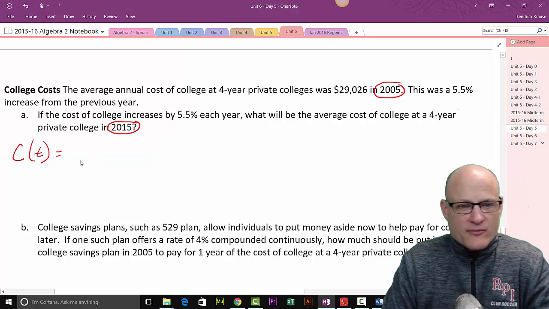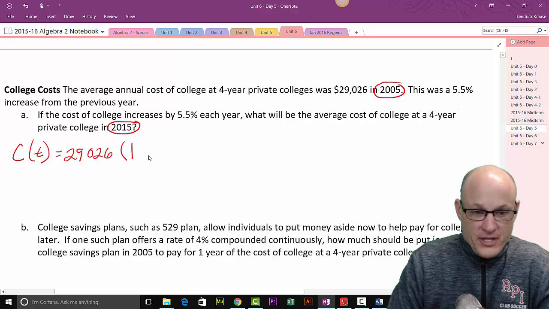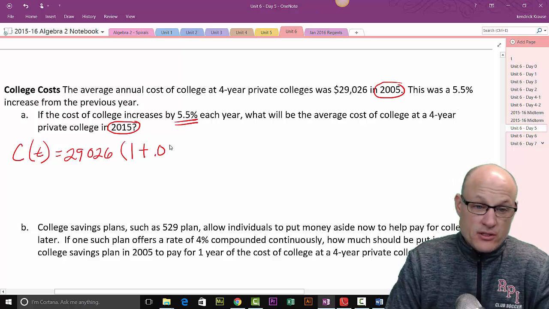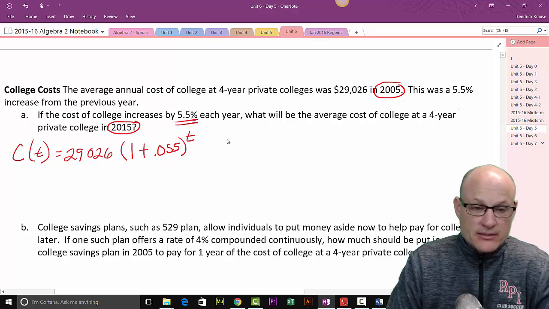I could just use Y there if I wanted to. We started at $29,026. It's increasing, so we're going to add 5.5% per year. So it's 1.055 to the T.